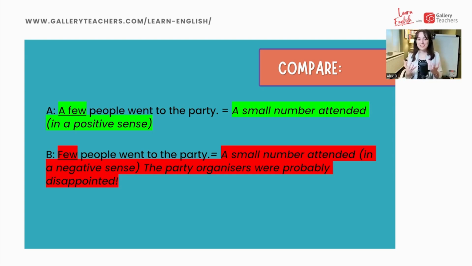Maybe they just wanted a small party. Maybe they were happy with this. It's mainly just a statement. Whereas person B writes, few people went to the party, meaning a small number attended, but in a negative sense, not as many as hoped for. So the party organizers were probably quite disappointed.